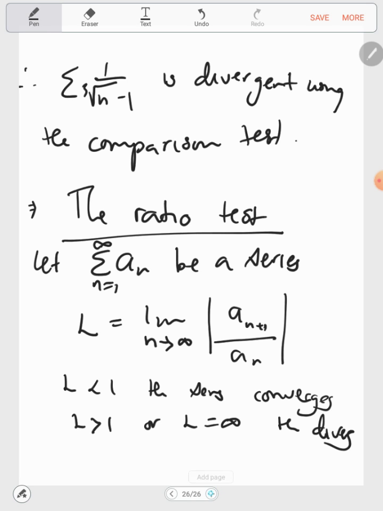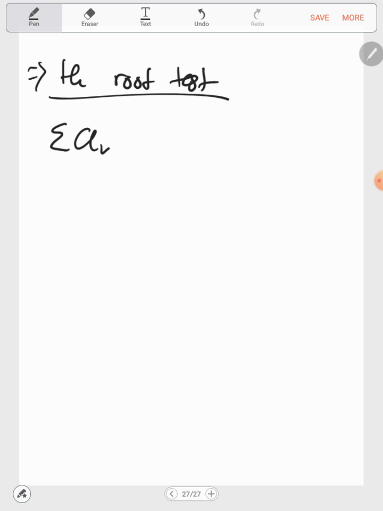Then the last test is the root test. We have a series an, and we have a limit L obtained by taking the nth root of the modulus of an.